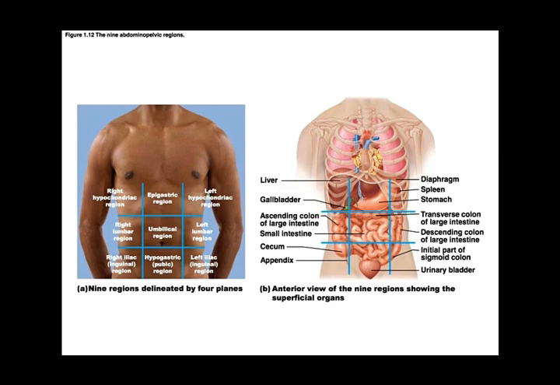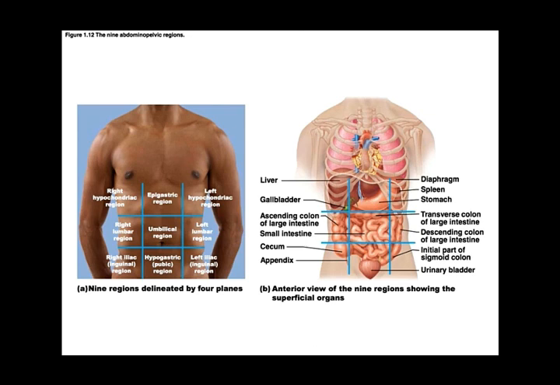Then comes the left lumbar region, then the right iliac or inguinal region, the hypogastric region, and the left iliac region. So you can clearly see over here which part is located in which quadrant. Your liver and gallbladder are located in the right hypochondriac region.